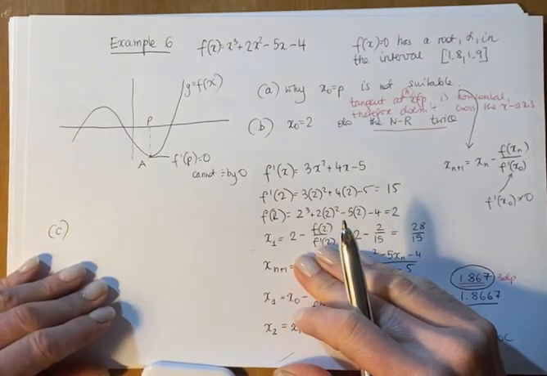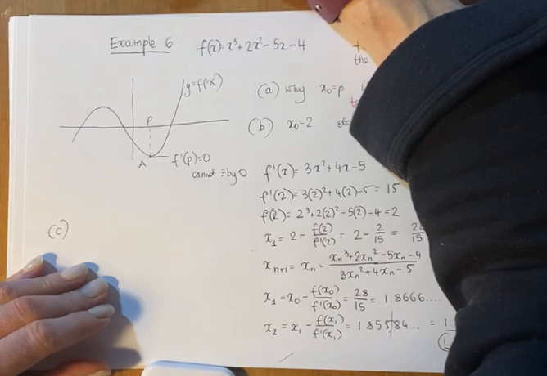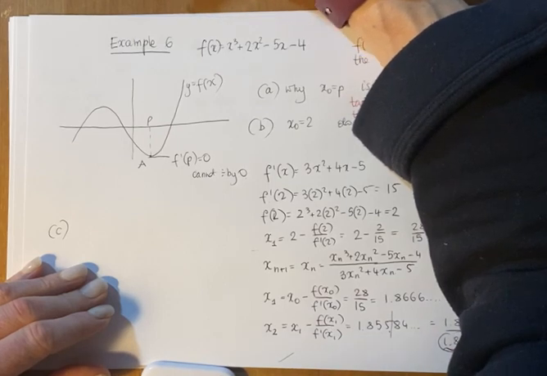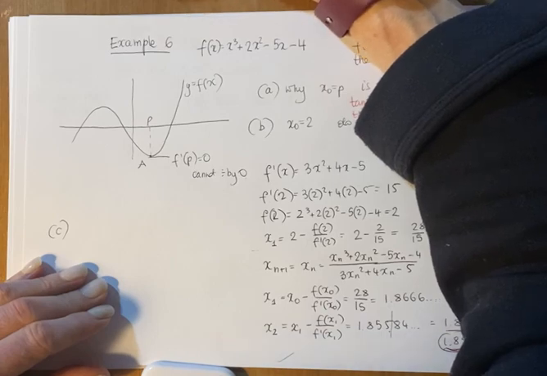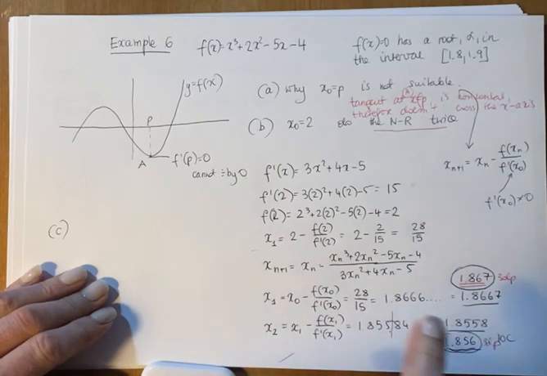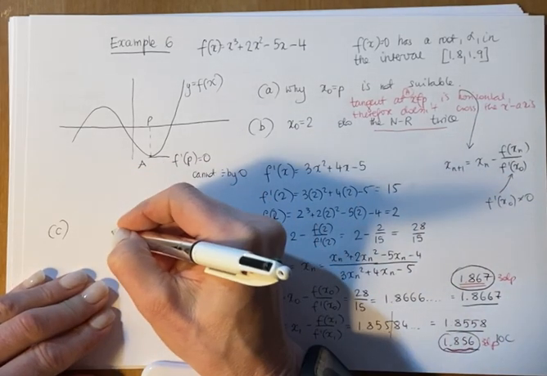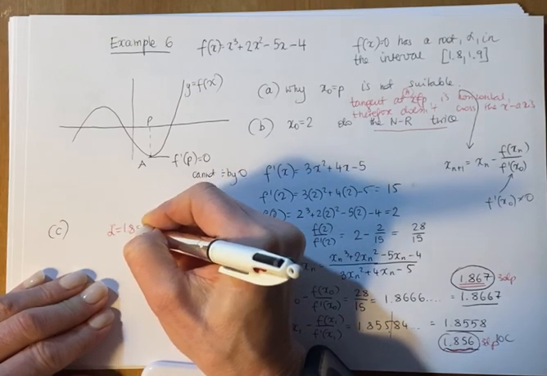Okay, in part C, you've been asked to show that the solution is, let me just double check, by considering the change of sign in f of x, we are going to show that the solution is actually accurate to 3 decimal places. So we are going to write: let alpha be 1.856.